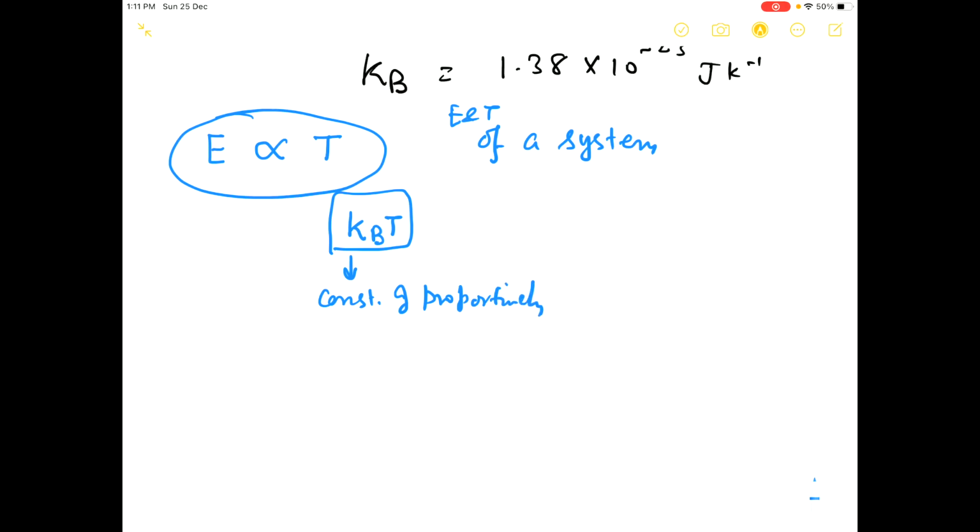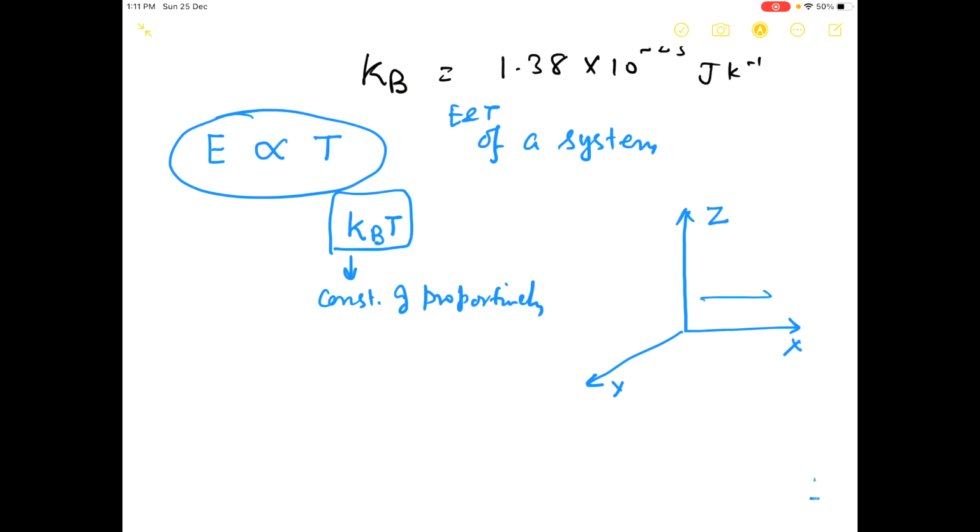See, here we can say that the molecules are moving in all the three directions. This is x-axis, this is y, this is z.